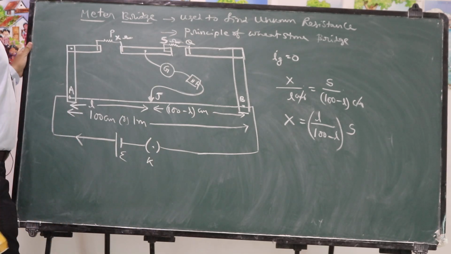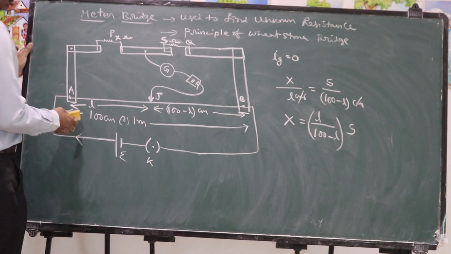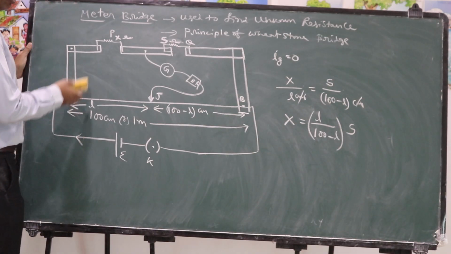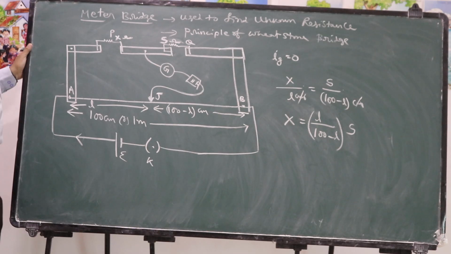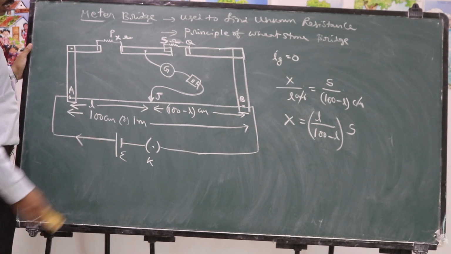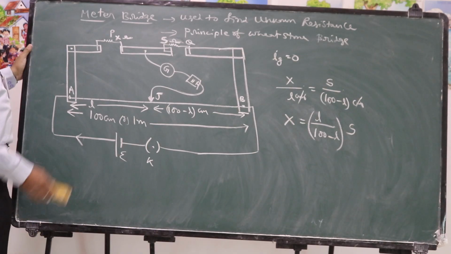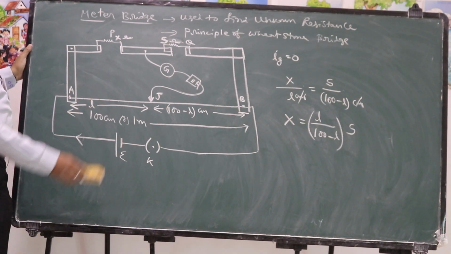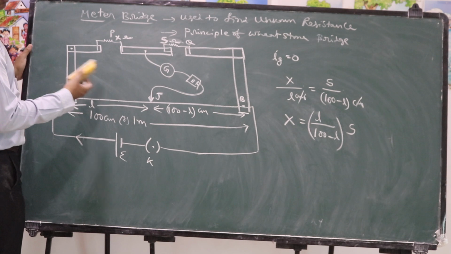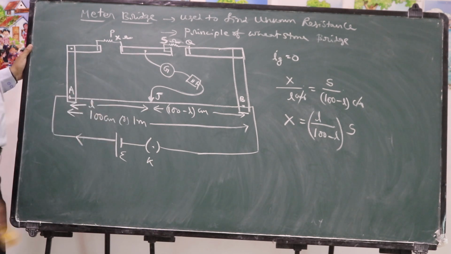Finally, the meter bridge is an instrument which is used to find unknown resistance. It works on the principle of the Wheatstone bridge. The meter bridge consists of two circuits: one is the primary circuit, the second one is the secondary circuit. The primary circuit provides the necessary EMF, or potential difference, between A and B. And the secondary circuit will act as a Wheatstone bridge.